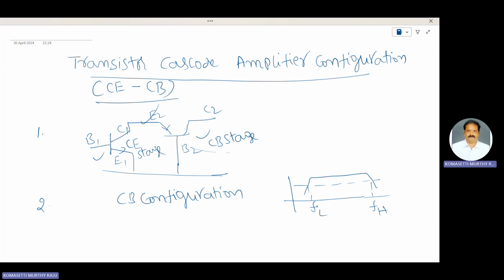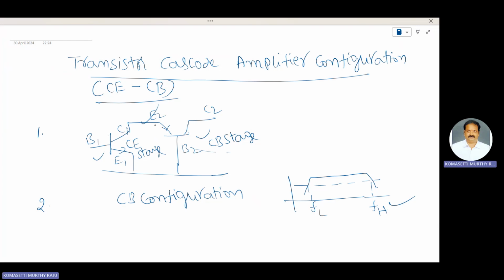For high frequency applications, CB configuration has the most desirable characteristics because there is no Miller capacitive effect. No capacitive effect is observed in CB configuration. That is the reason the CB configuration provides a higher cutoff frequency.